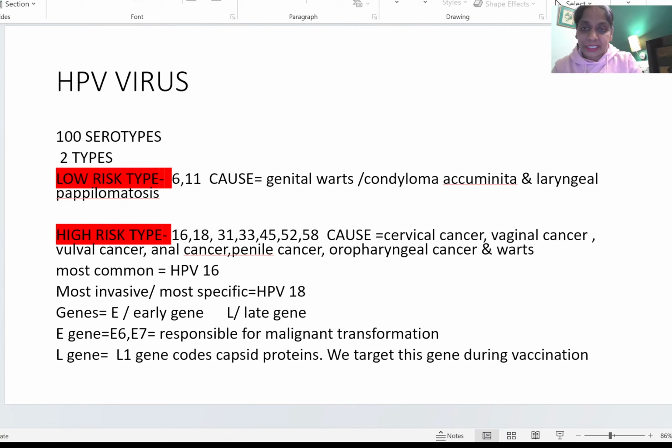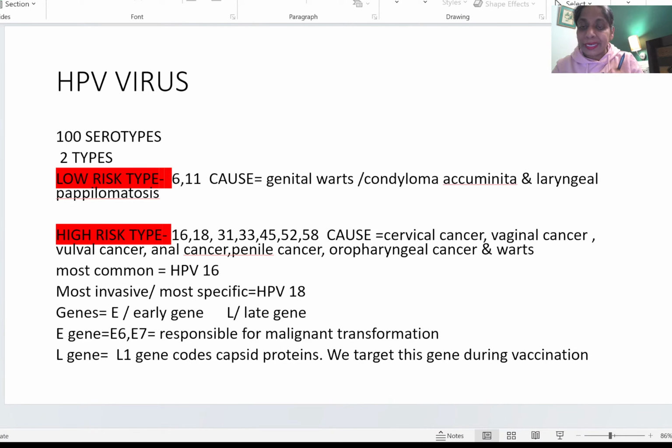Broadly, they are divided into two types: low risk type and high risk type. Low risk type mainly contains two types, 6 and 11.